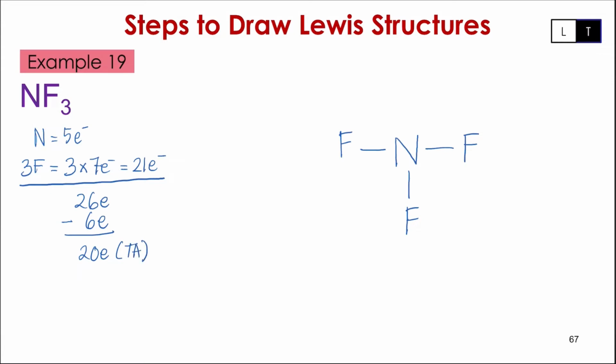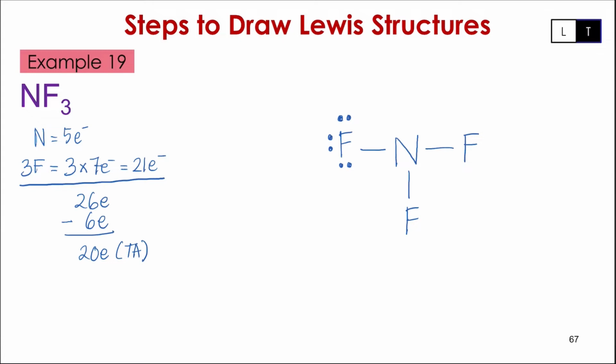Each of them, fluorine, dia sudah ada 2 elektron sebab dia share dengan nitrogen. So, each of them akan dapat another 6 to achieve octet configuration. So, sini dah 2. So, saya tambah dot another 6 untuk each fluorine atom.